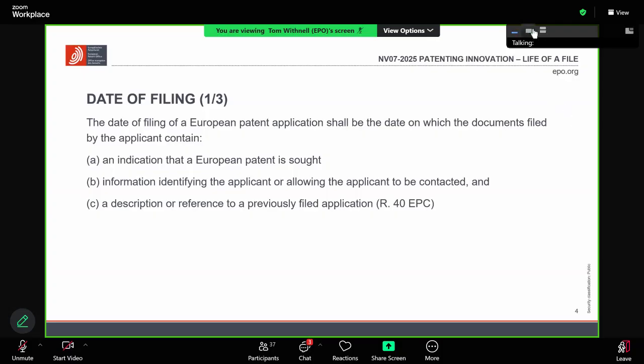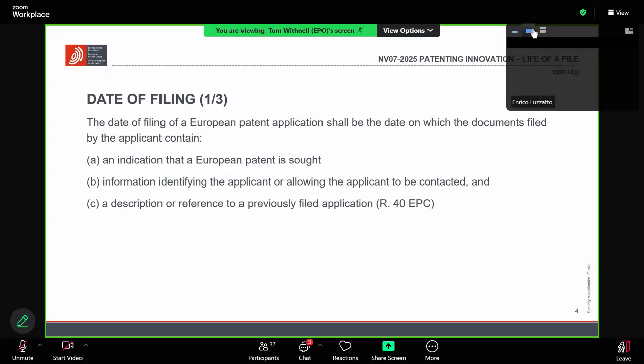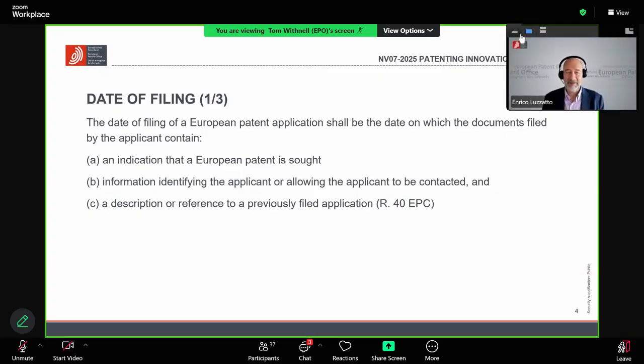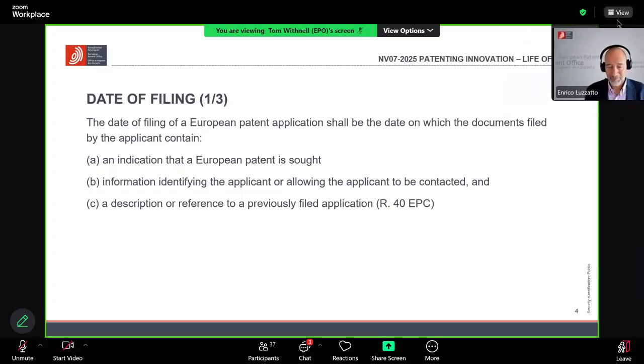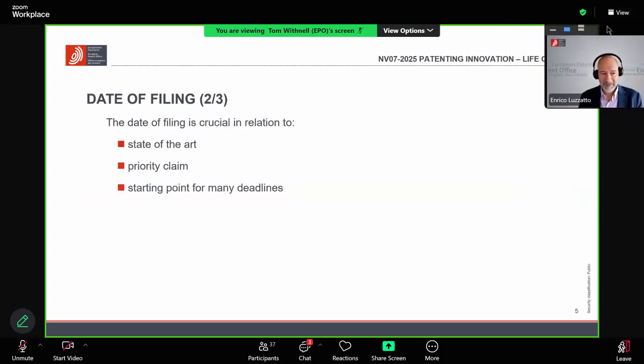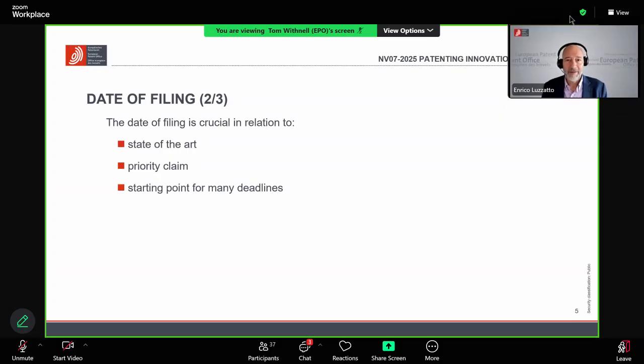Those of you who are acquainted with what a patent looks like might see that something appears to be missing in this list. This list is the official list to get a filing date.